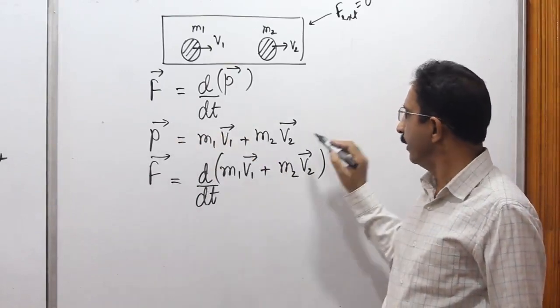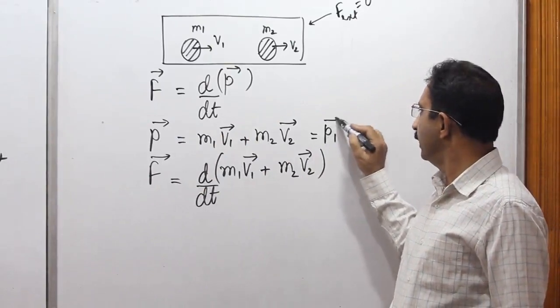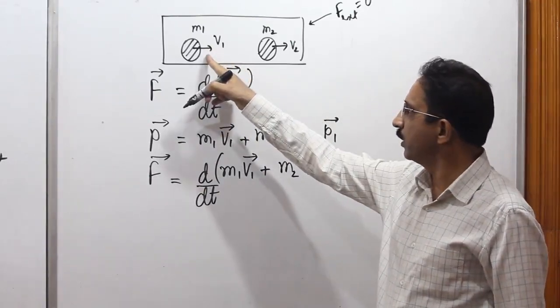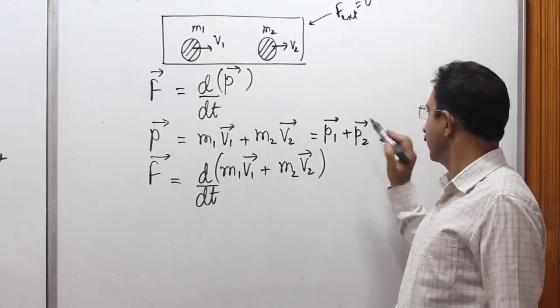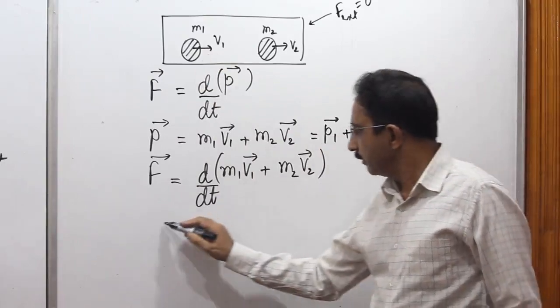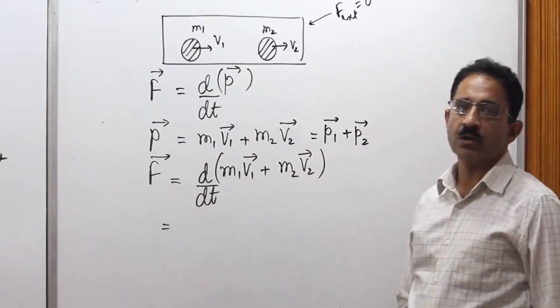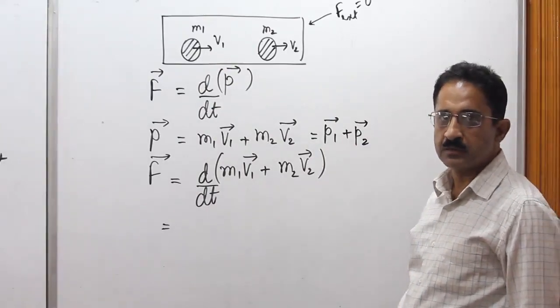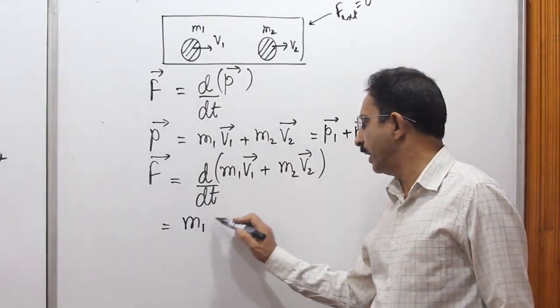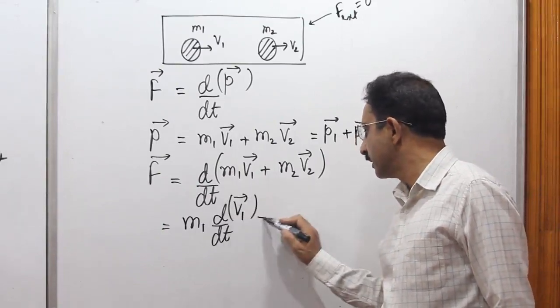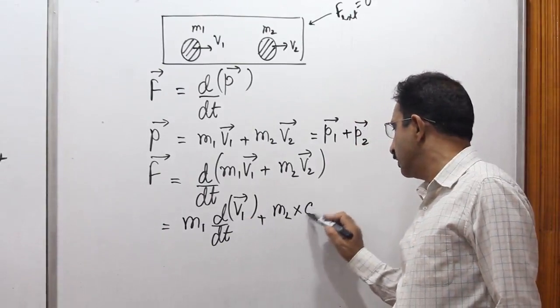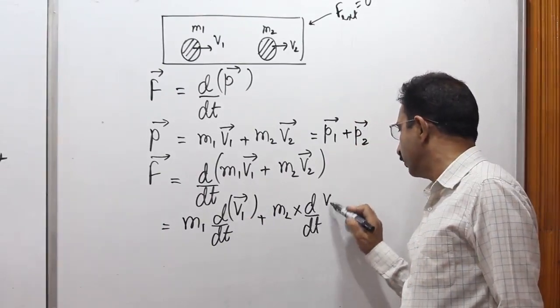ये इसका जो momentum है, this is momentum p1, that is linear momentum of this body first, and this is p2, linear momentum of second body. अब जब आप ये m1 और m2 को constants मान के चलते हो, that is mass does not change, so we have m1 into d over dt of v1 plus m2 into d over dt of v2.